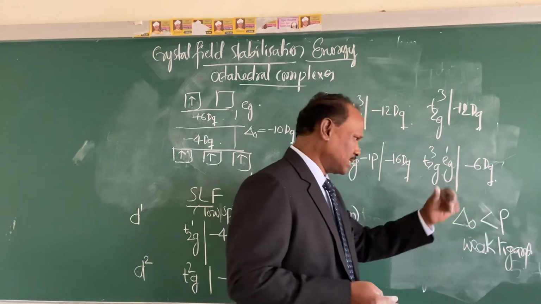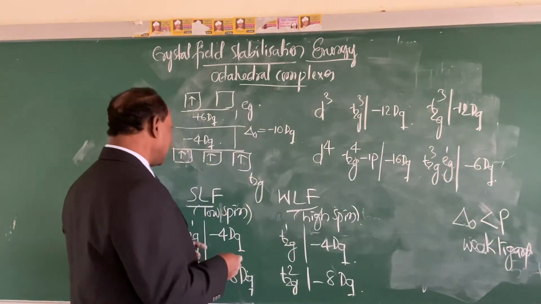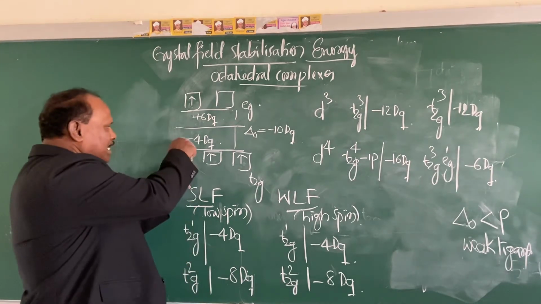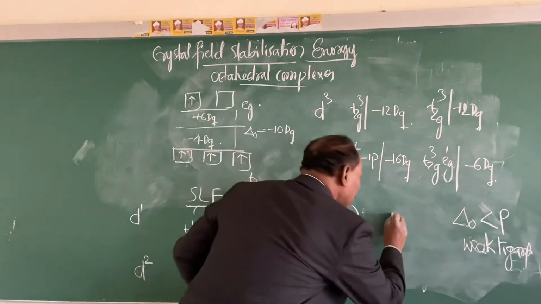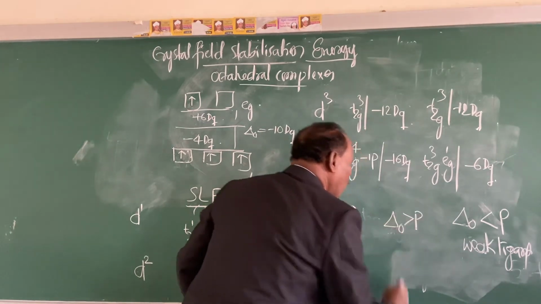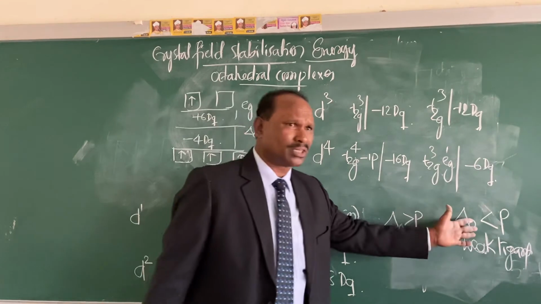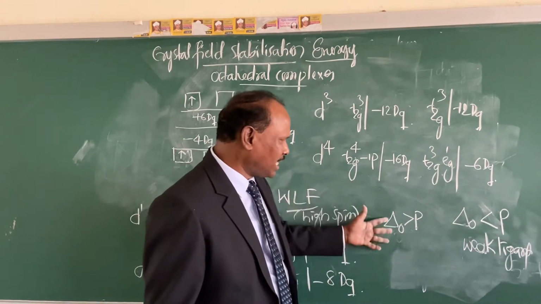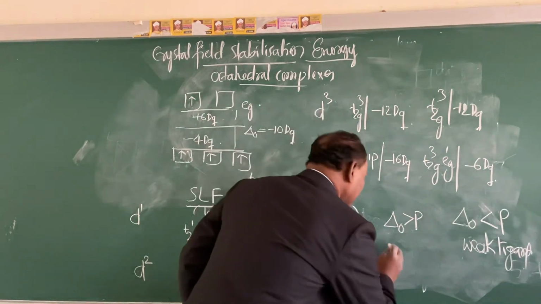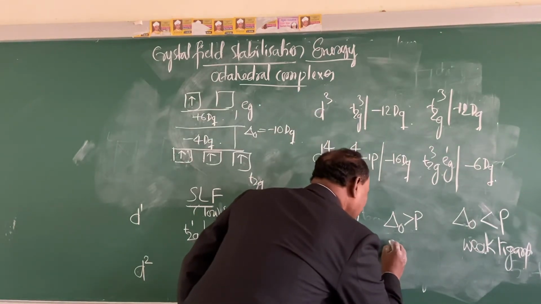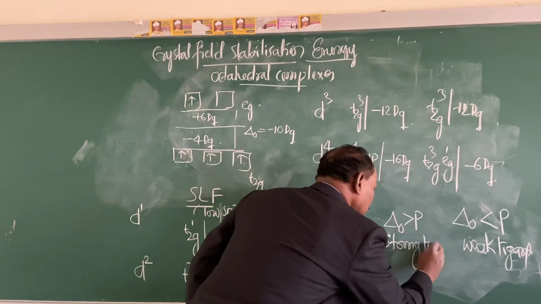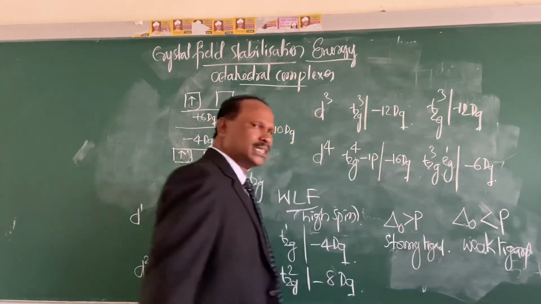The pairing energy. Okay. That means in case of the strong ligand field, I have written here the paired electron there. That means if the crystal field stabilization energy is more than the pairing energy, exactly the reverse of this, then that ligand is said to be a strong ligand. Followed these two definitions?